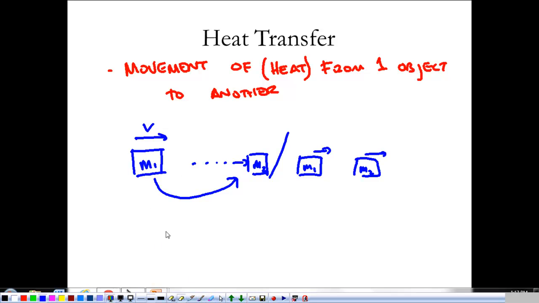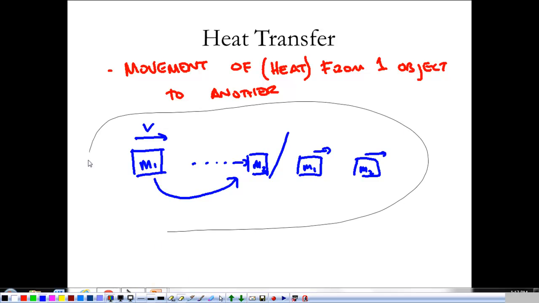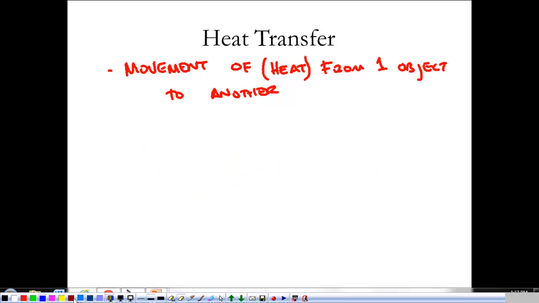So instead of looking at single objects, we're going to look at the particles in a whole lot of objects. So let's say we have object 1. Object 1 has a heat that's equal to, let's say, 200 joules and a temperature of, in Kelvin, let's say 400 Kelvin.